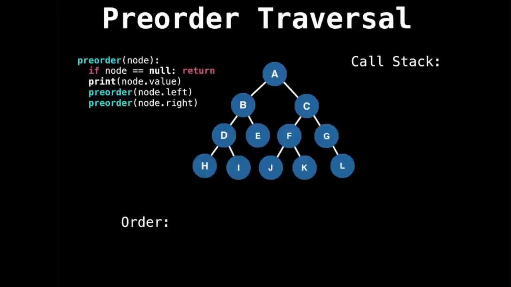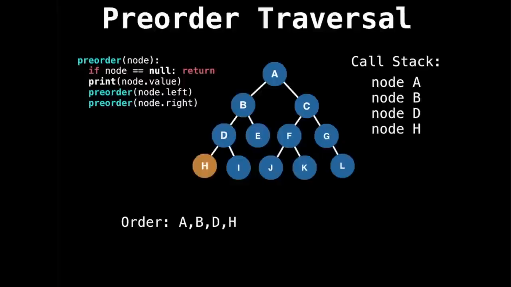So for pre-order, we're going to start at A, print A, then we go left, go to B, then we go down to D, go down to H, and now we recurse back up.